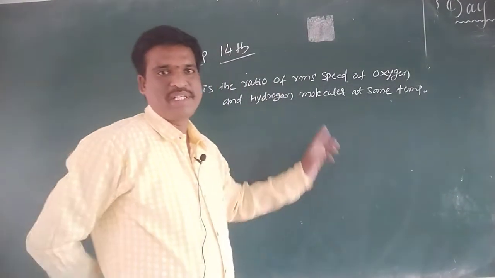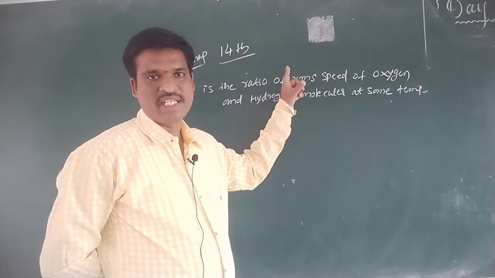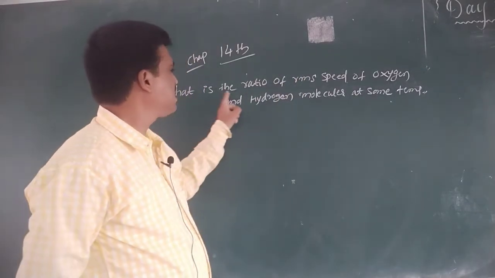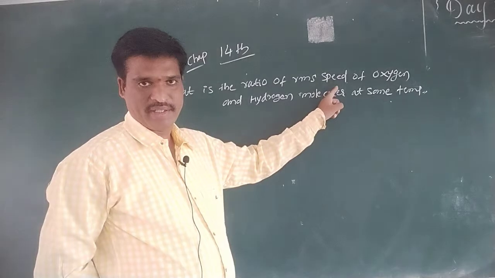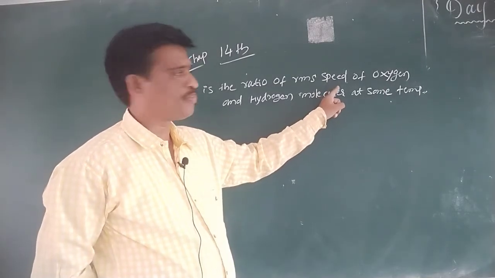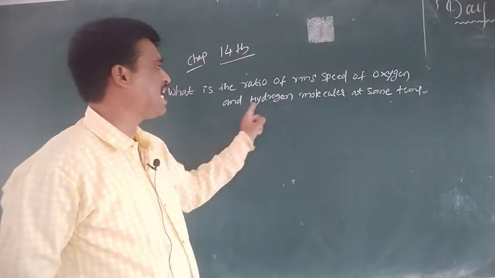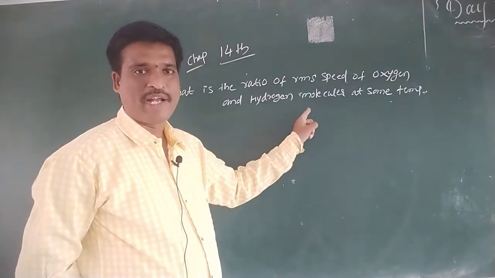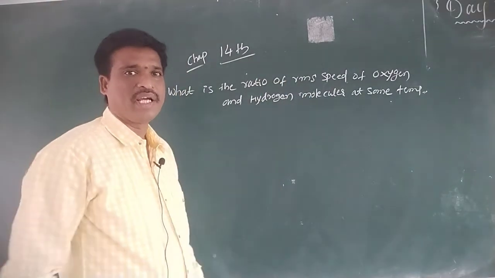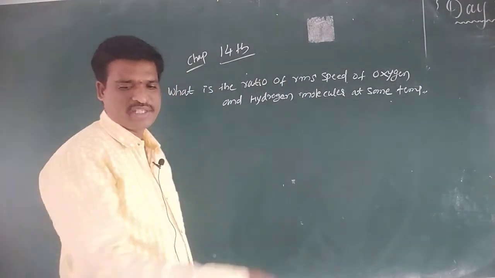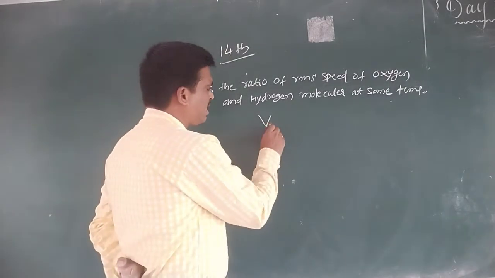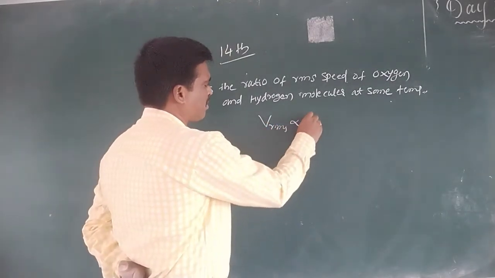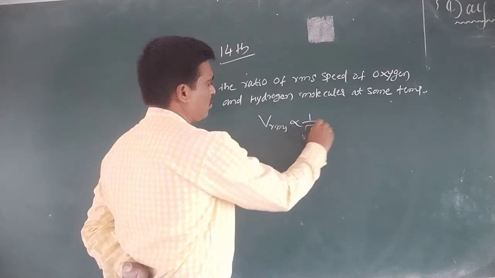Our next problem is from the 14th lesson. What is the ratio of the RMS speed of the oxygen and hydrogen molecule at the same temperature? At the same temperature, the RMS velocity is inversely proportional to root m.